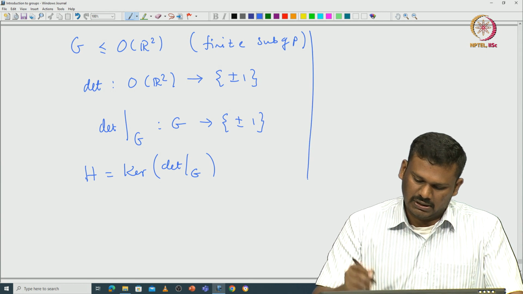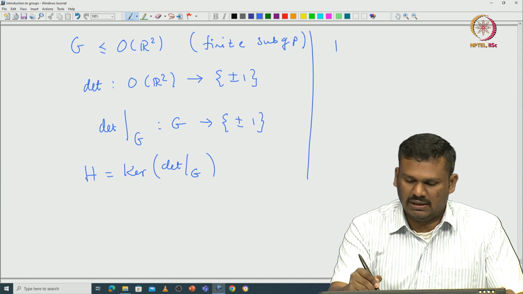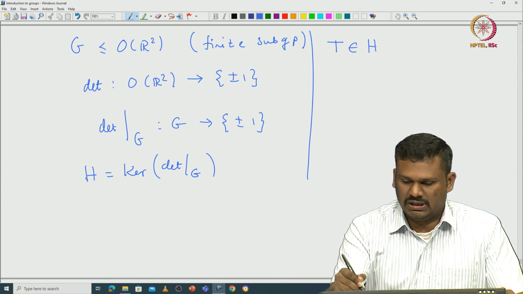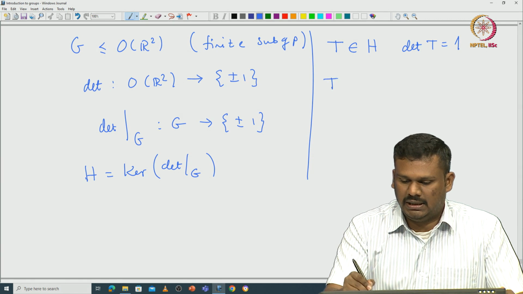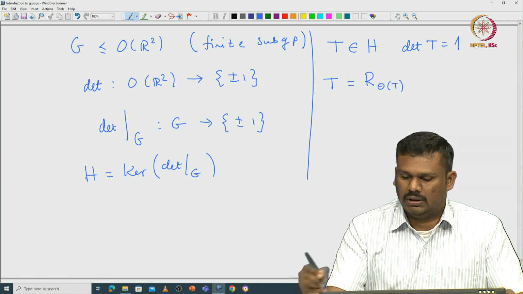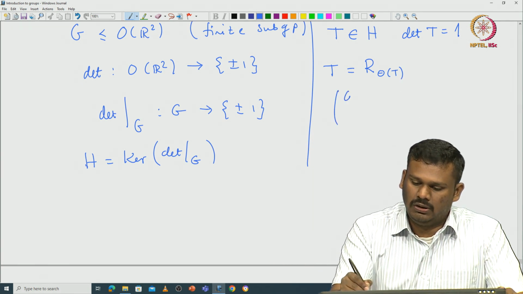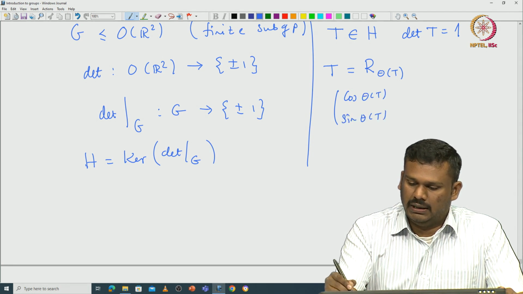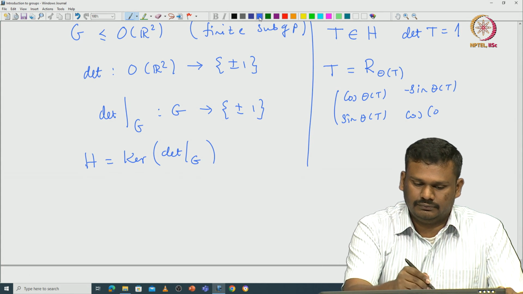Let us first understand this H. What is this H? If I start with some T from this H, then the determinant of that is 1. That means this T is nothing but some rotation by θ(T). In matrix form, this is going to be cos θ(T), sin θ(T), and then −sin θ(T), cos θ(T).